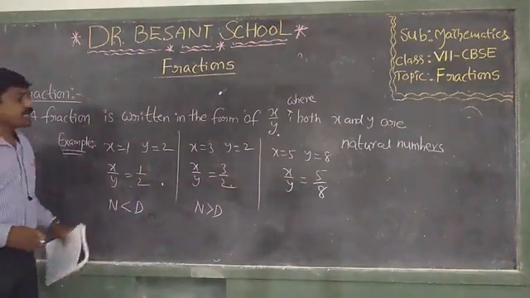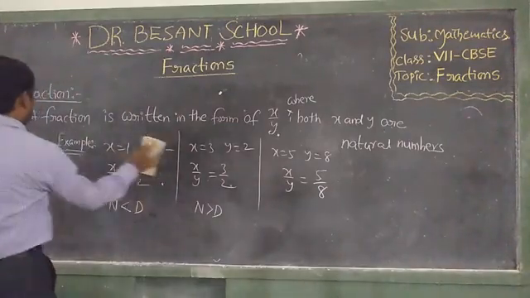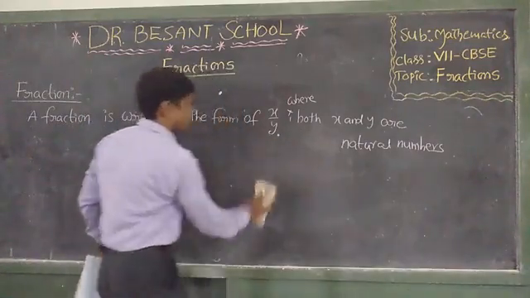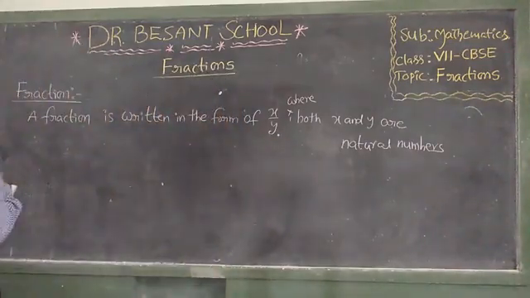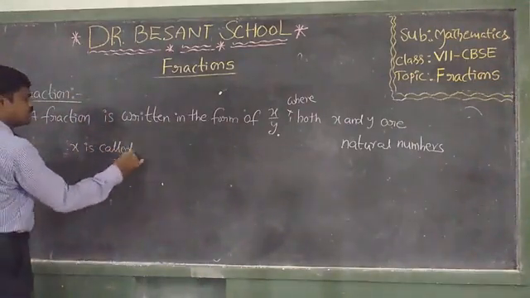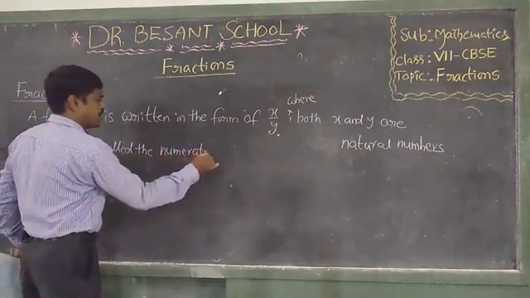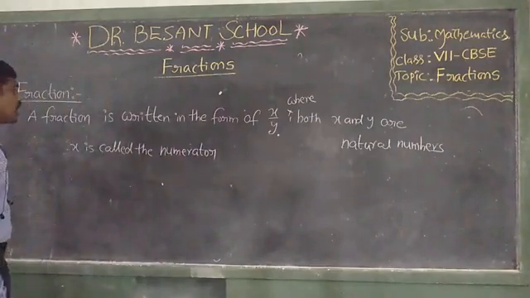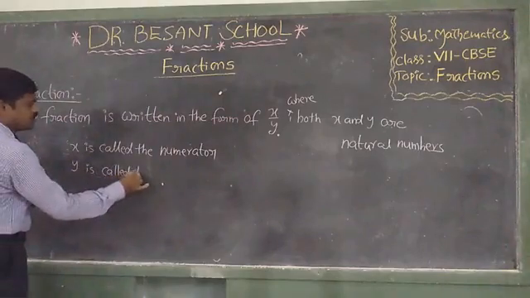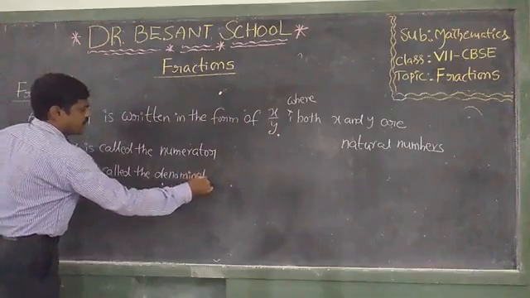Here, what is x? X is called the numerator. Okay, next, see here. Y is called the denominator.